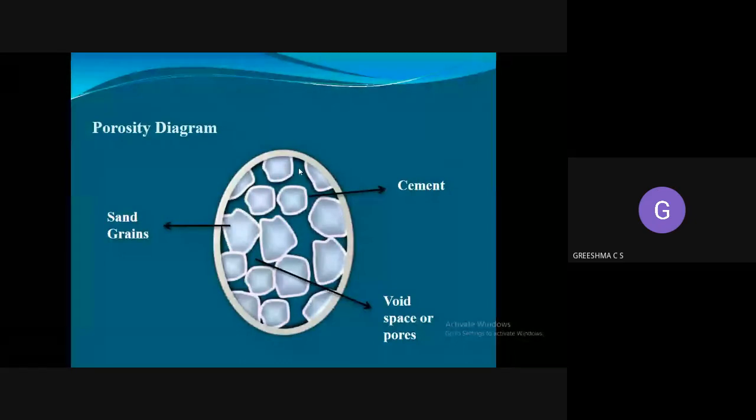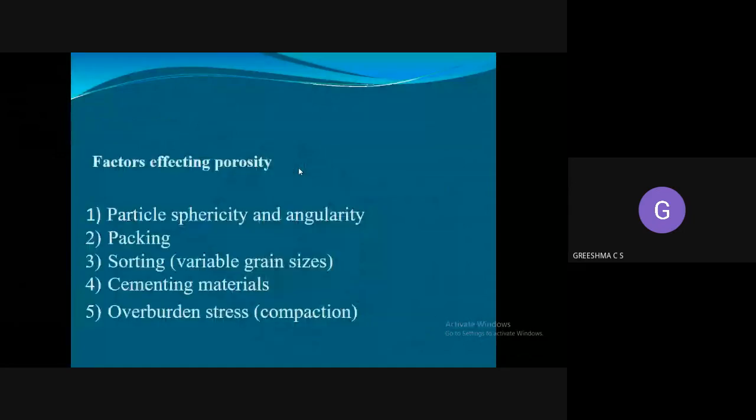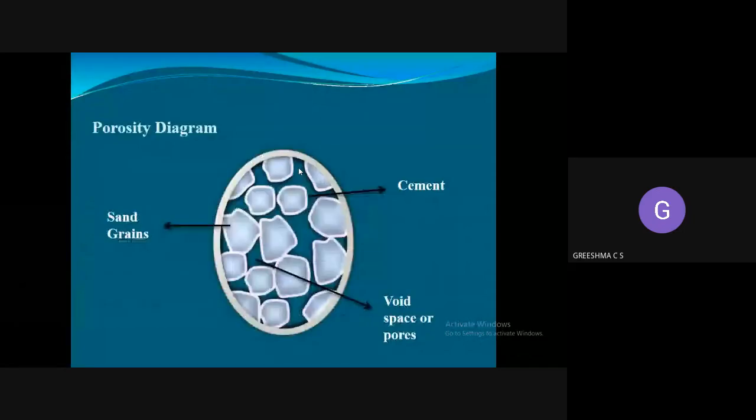The second one is packing, that is, how they are packed. Sometimes the particles will be very tightly packed. Here you can see these three particles are very tightly packed, so the voids between them are very small. But these three particles are loosely packed, and the three particles are in three different places.